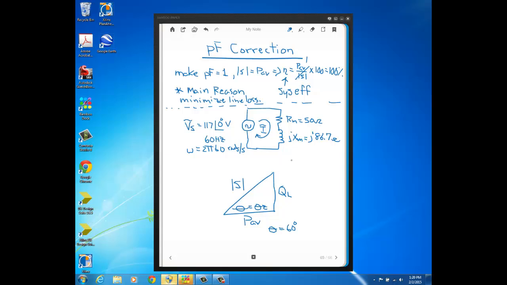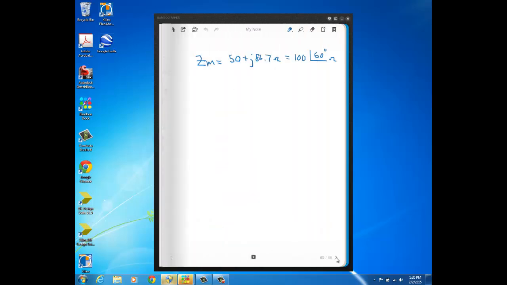So the current flowing through our impedance, I, is just the source voltage of 117 at 0 degrees divided by 100 at 60 degrees ohms. That gives us a current of 1.17 amps at minus 60 degrees. That's the current flowing through our motor.